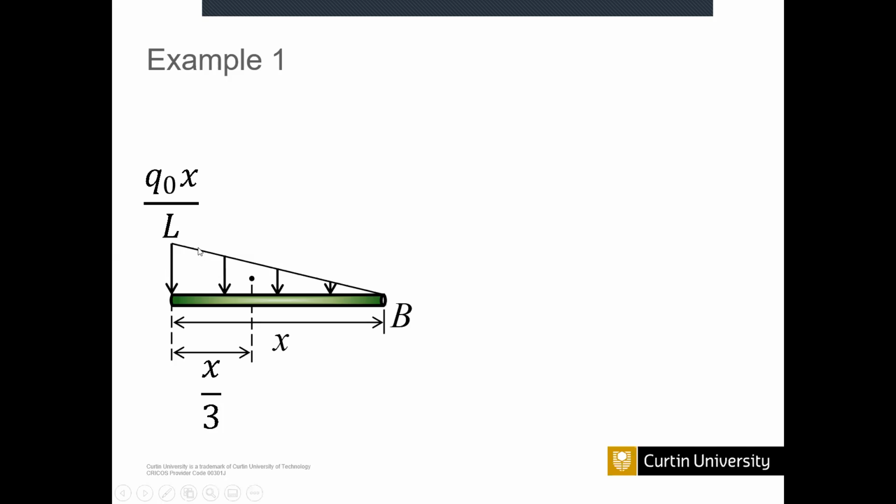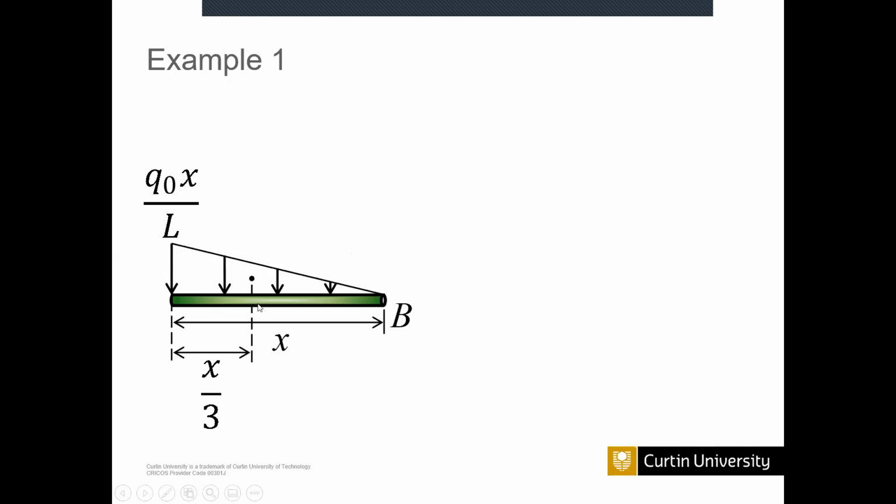If it is a triangle, you need to know how to find the centroid. If it is a square shape, you need to know how to find the centroid. If it is a circle, you know the centroid. Different kinds of distributed load have different centroids.